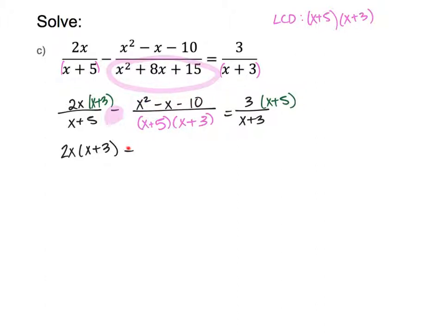So I like to distribute this negative into the terms as I write this down. So negative x squared, let me write that in black, plus x plus 10. So I've distributed that negative. Then I have a 3x plus 5. So now I'm going to distribute the stuff that's outside the parentheses.